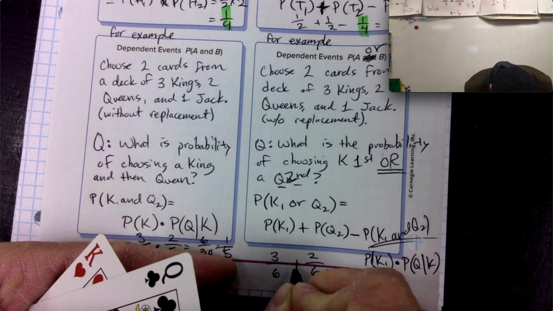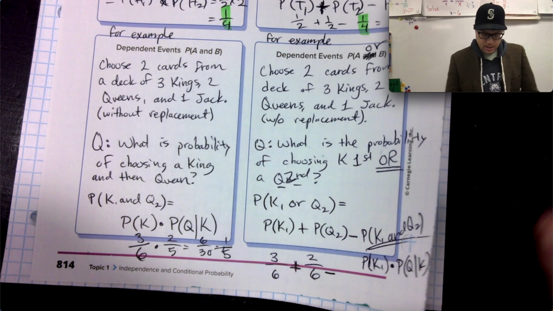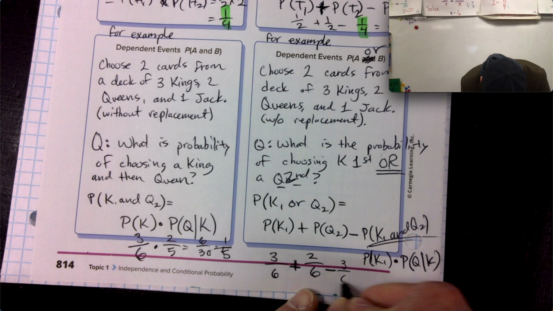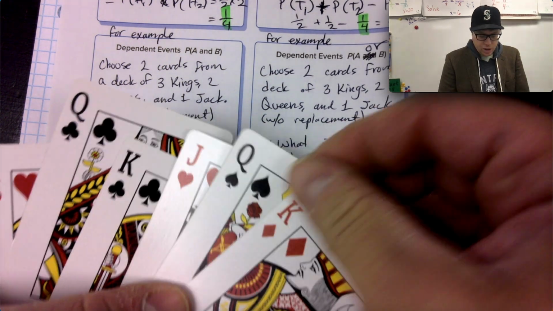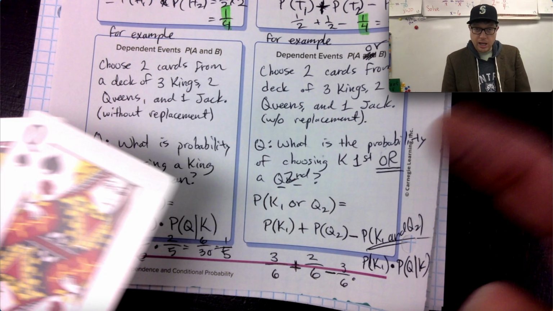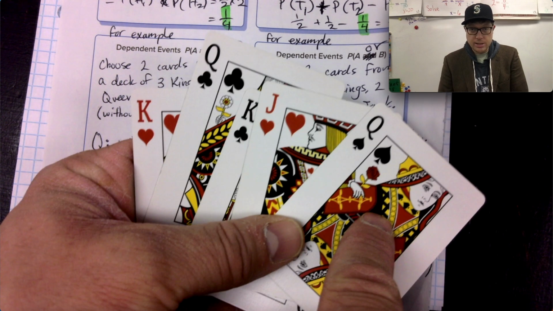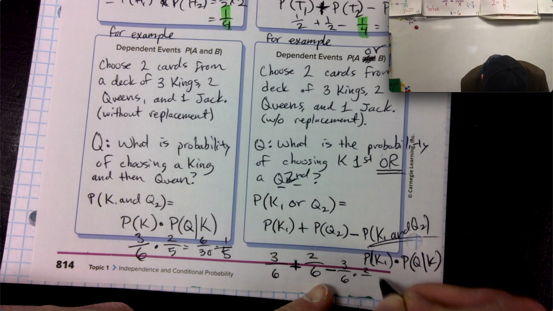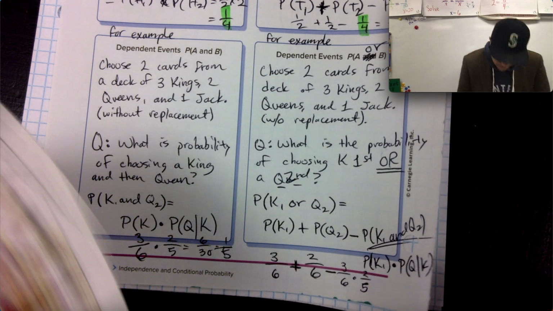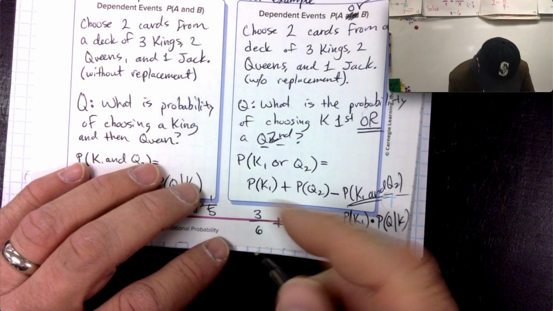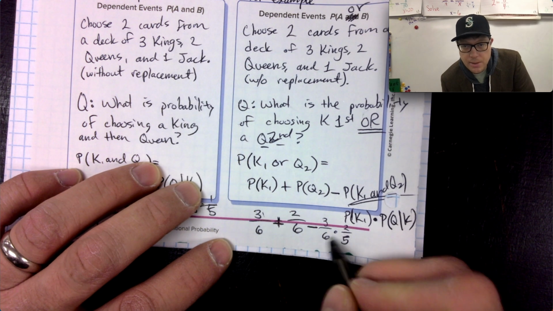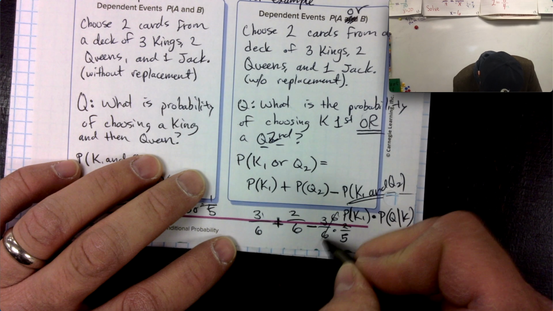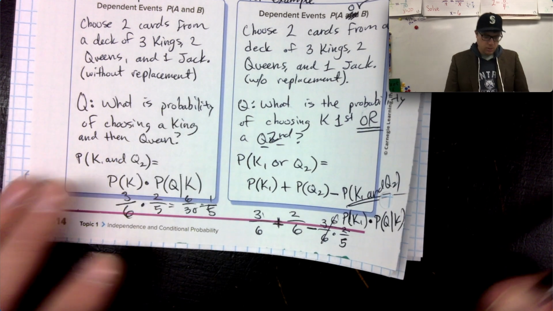But we have to take away the probability of drawing a king times the probability of drawing a queen given that a king was drawn. So one of the kings is gone. There's 2 queens out of 5 cards. 2 out of 5. Okay, here we go. 3/6 plus 2/6 minus, this is 3 times 2, which is 6. That reduces to a 5th.